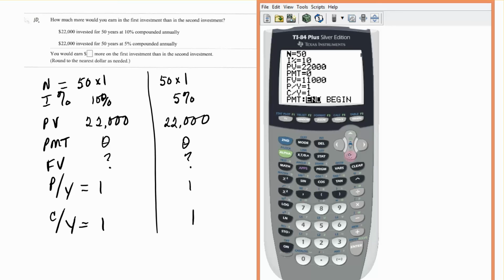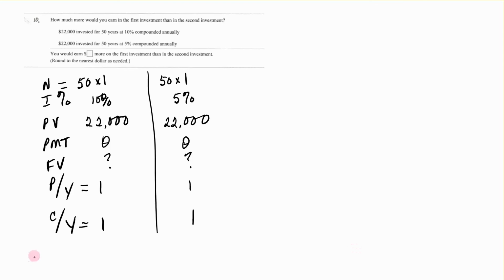Go up to the future value, do alpha, enter, and now remember, this was for 50 years. So the future value here is $2,582,598.76. Wow.